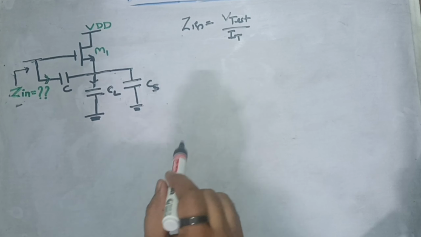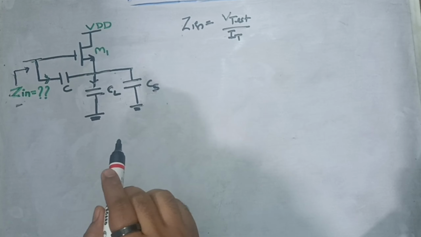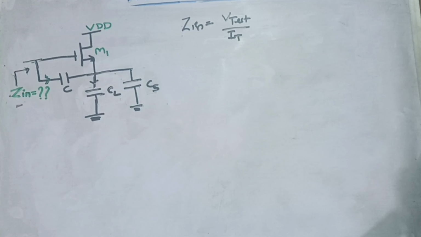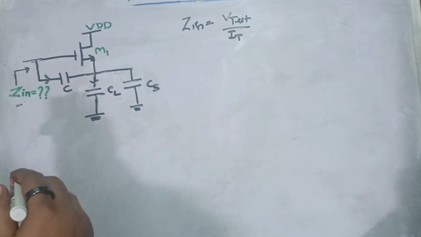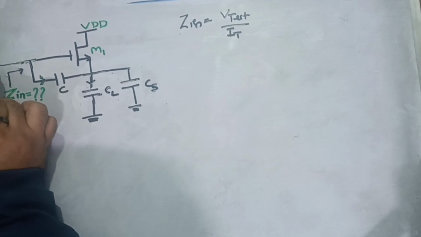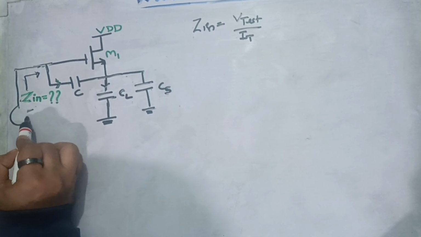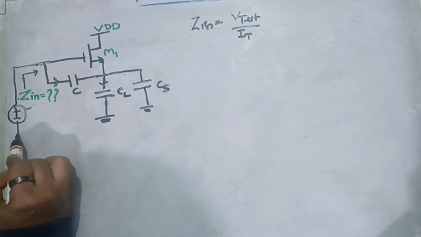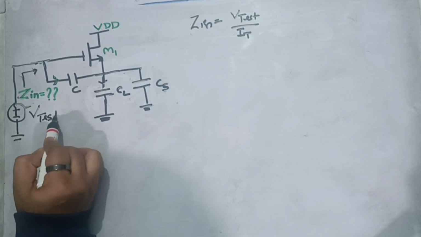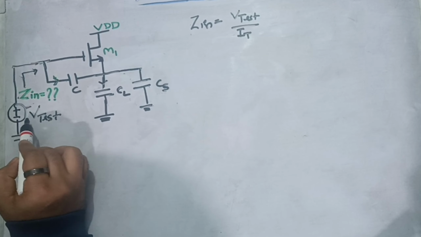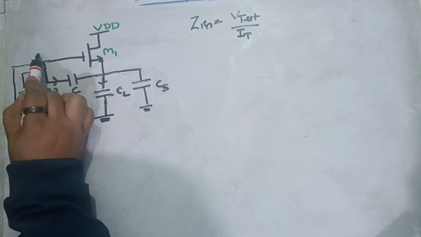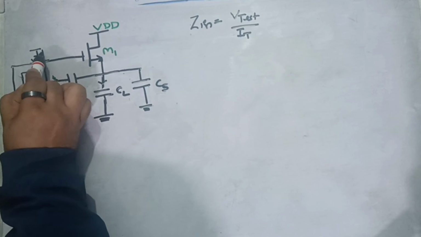So we know whenever we have to find out input impedance for any given circuit, one standard approach is that we can connect one test voltage, which we can denote by V test, and we assume the current going because of this V test voltage is IT, which is flowing in this MOS.